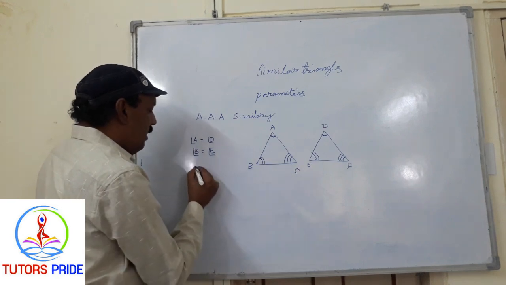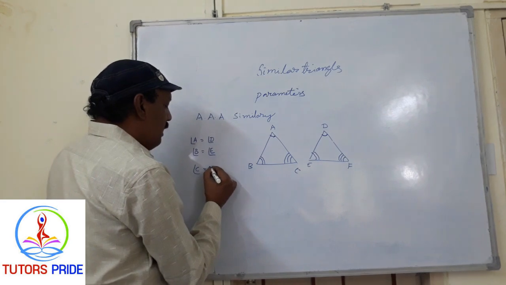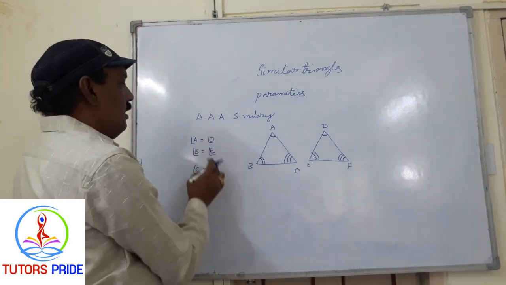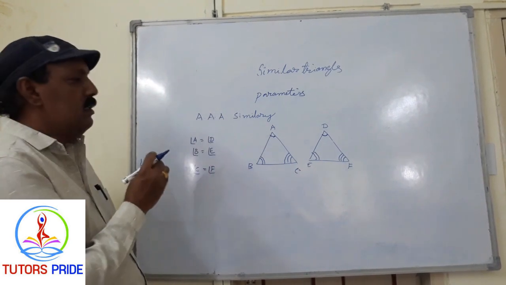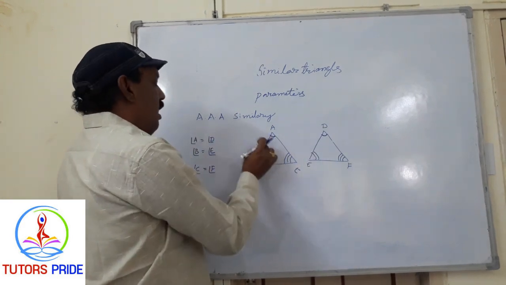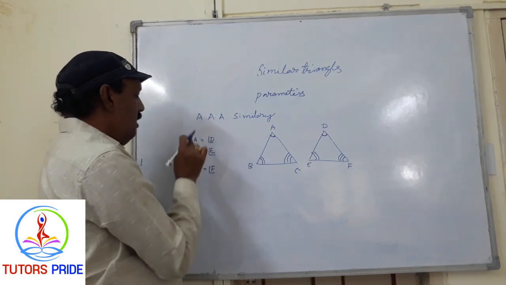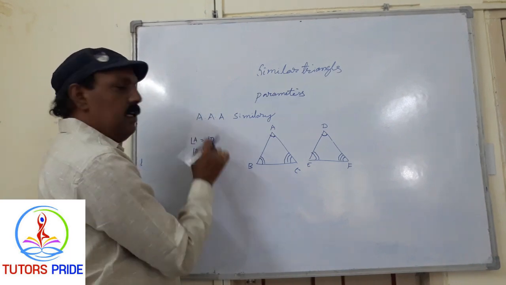Angle C equals angle F, and I kept a triple mark. So what is the meaning of angle similarity? Angle A equals angle D, angle B equals angle E, and angle C equals angle F.